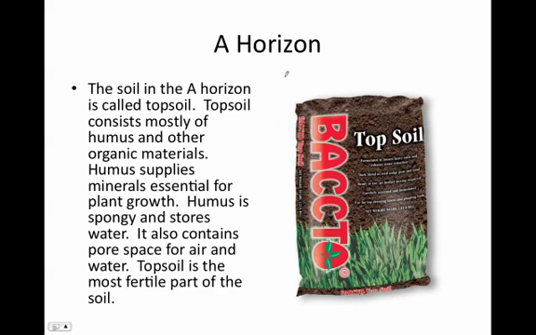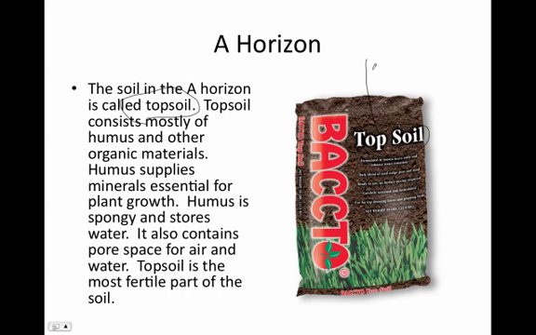So let's talk about horizon A. Horizon A is often called topsoil. You can buy topsoil. In other words, we can make it. The way we make topsoil is through a process where we fluff up and screen soil so that it is a rich blend of the right pore size and space.